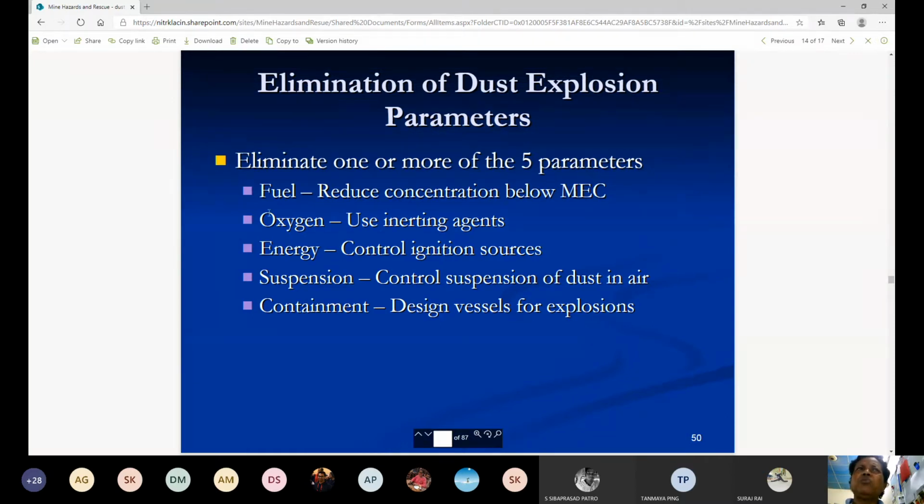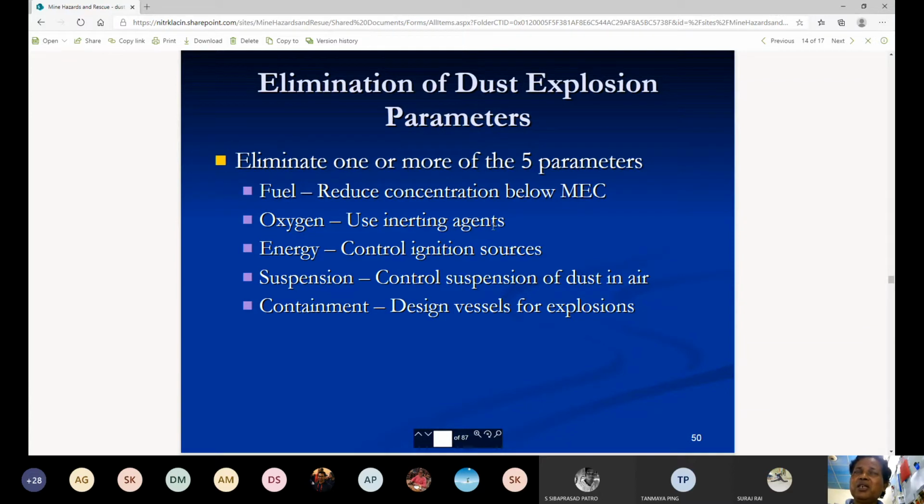If you remove 1 or 2 parameters, if you remove dust or oxygen, how do you remove them? By using inert agents. Whenever coal dust and oxygen come in contact with each other, there will be a reaction. To reduce the reaction, if you use some inert agent, the explosion can be minimized.